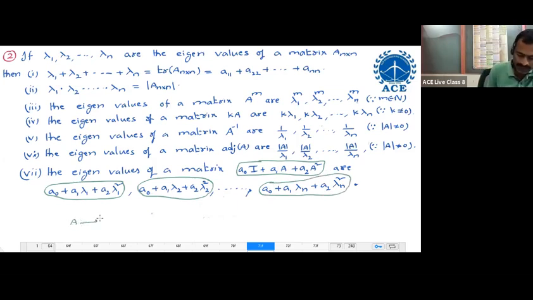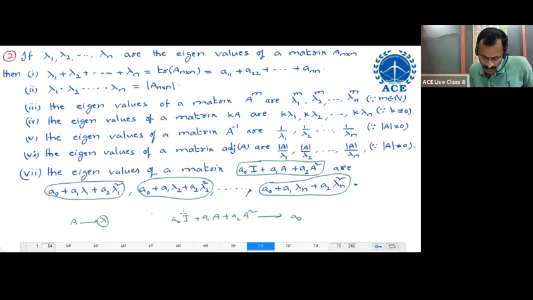So A has eigenvalue lambda, then we can write the eigenvalues of this form: A naught plus A1 A plus A2 A square. If lambda is a general eigenvalue of A, then we write the general eigenvalue of this matrix. After that, we can write the particular eigenvalues of these. Replace every matrix with their general eigenvalue only in this.